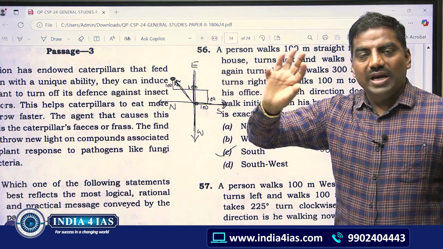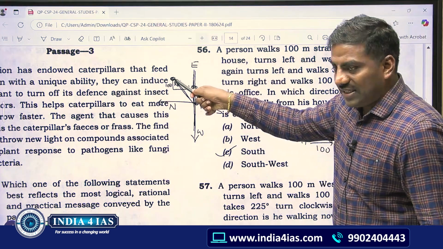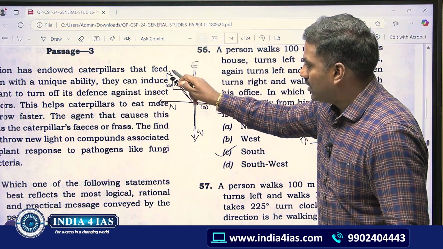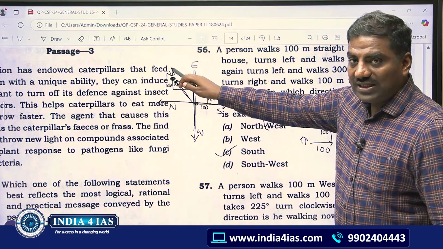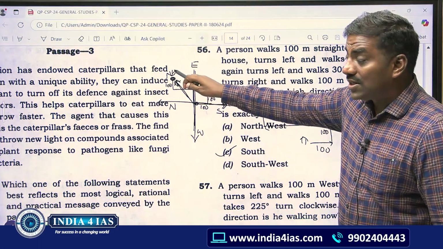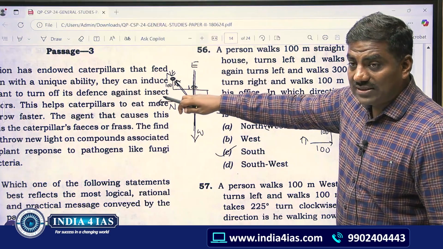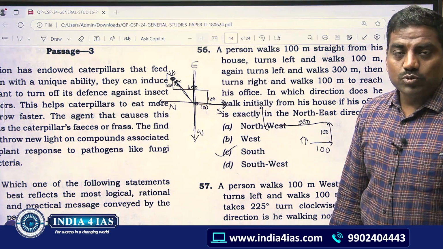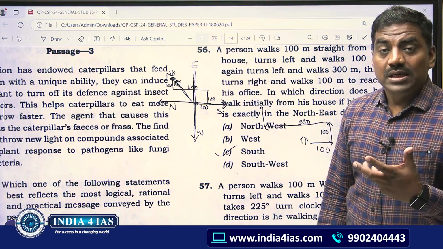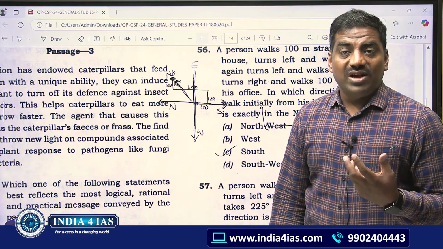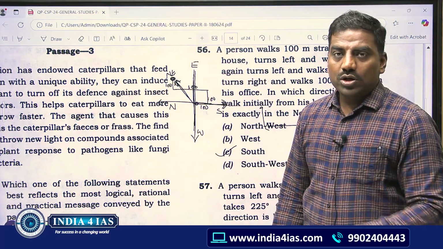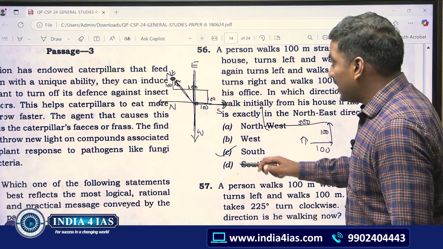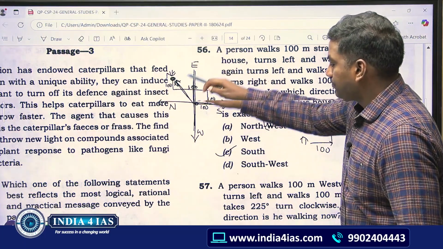Since it is northeast, I will take this as east and this is north. If this was southeast, then I would have taken this as south and this as east. That is what we have to do, because in geography we are very well versed with the directions. That particular skill you have to use here. So then the direction is south.